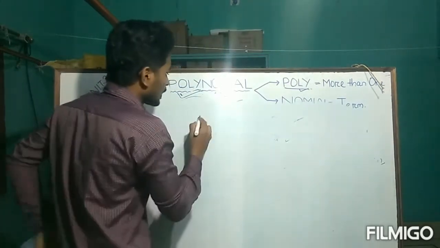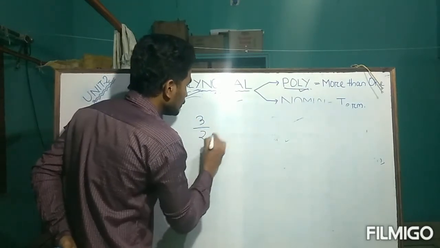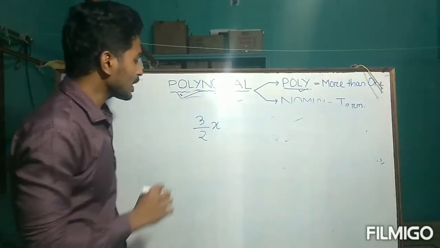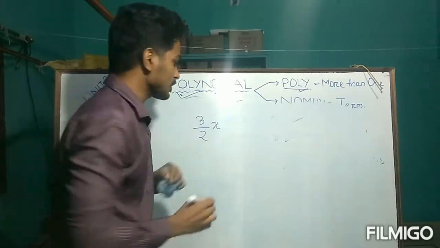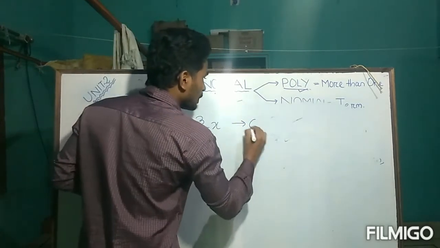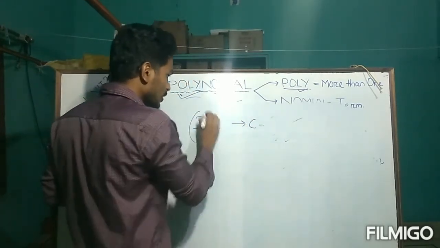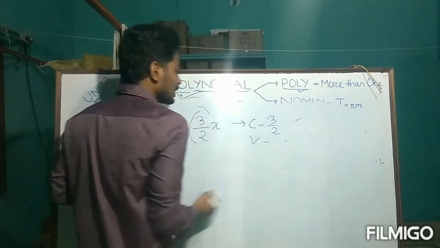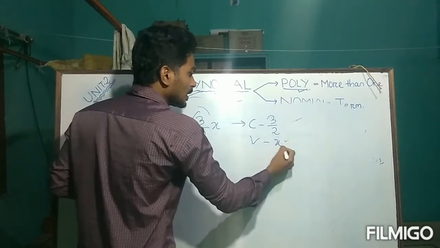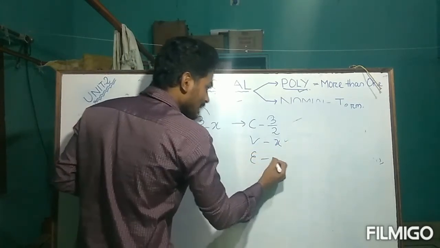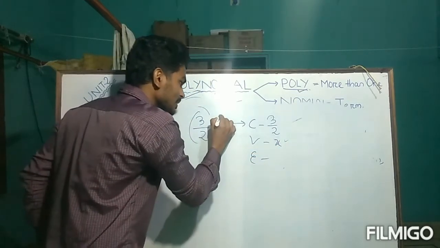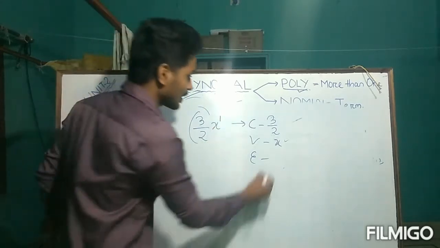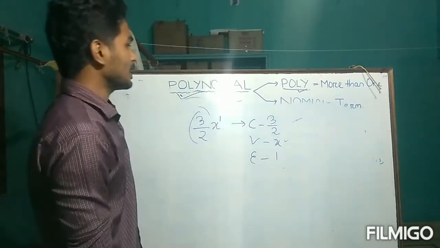Then one more example. Suppose 3 by 2 x. Is it a polynomial? See, here the coefficient is 3 by 2. The variable is x. What will be the exponent? Here the exponent is nothing, which means 1.